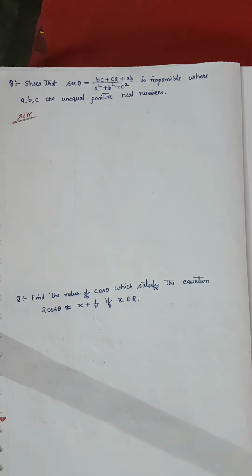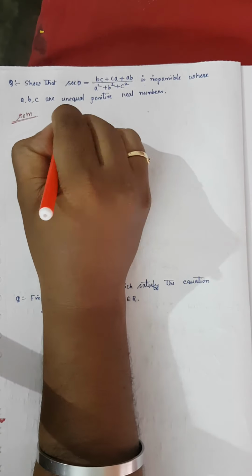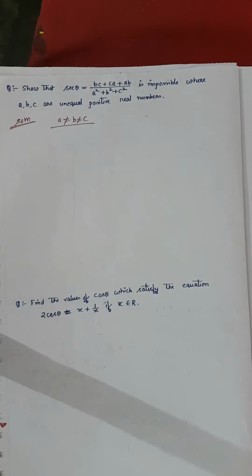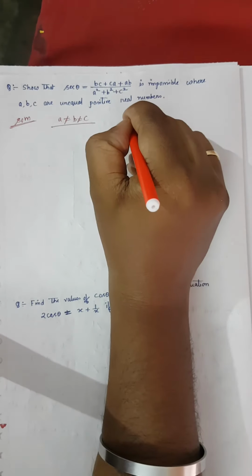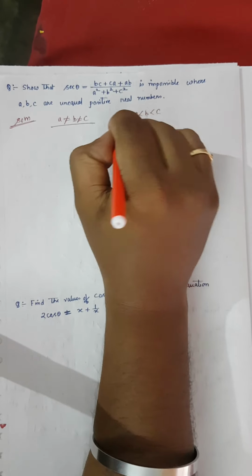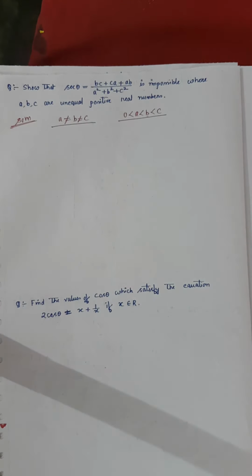You are given that A, B, C are unequal real numbers, also positive real numbers. So I can say that A not equal to B not equal to C, they are not equal, and 0 less than A less than B less than C, that is, the values of A, B, C are greater than 0 as they are positive real numbers.